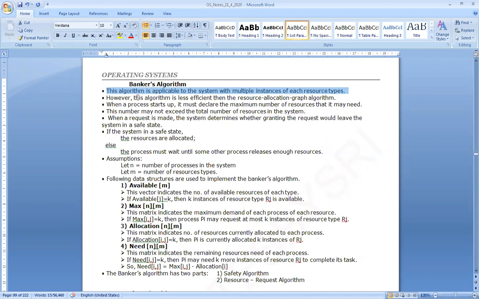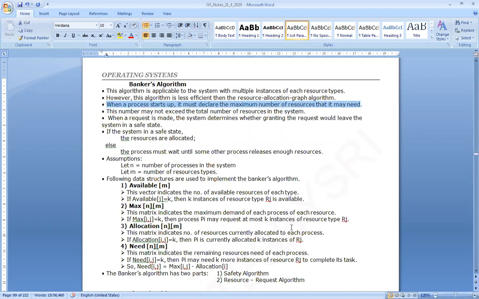The next one is that this algorithm is less efficient than the resource allocation graph algorithm. So we can say that the Banker's algorithm is less efficient compared to a resource allocation graph. The next one is when a process starts up, it must declare the maximum number of resources that may be needed.